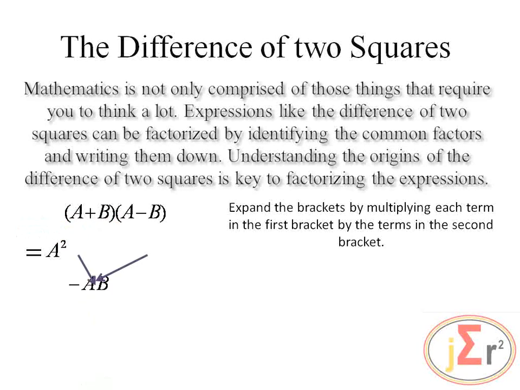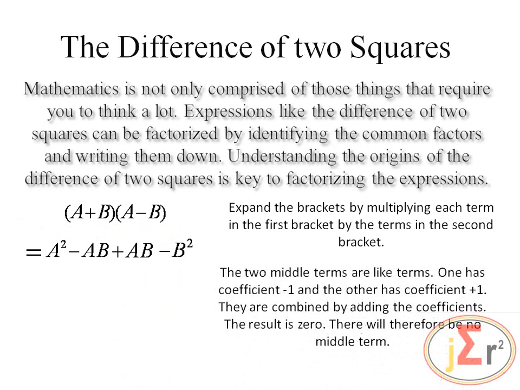Then we have a times negative b, and that is negative ab. Then we have b times a, which is ba, and no doubt is the exact same term written in a different way, and we will rewrite it as ab. Also we have b times negative b, and that is equal to negative b squared.